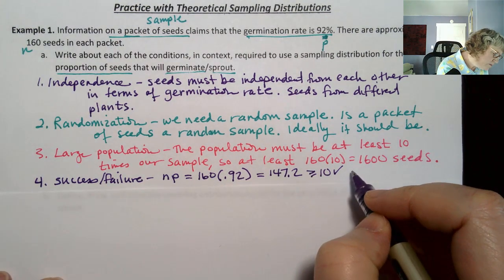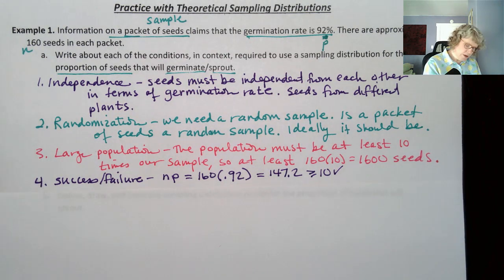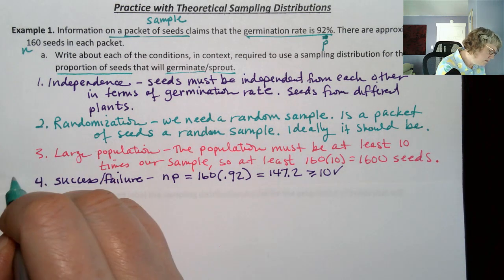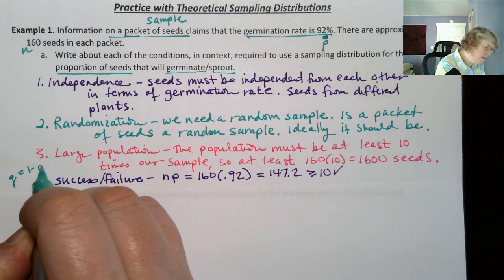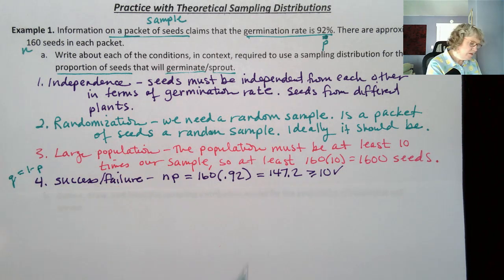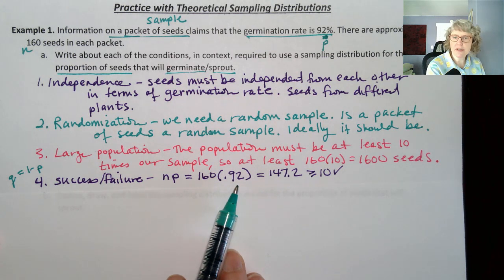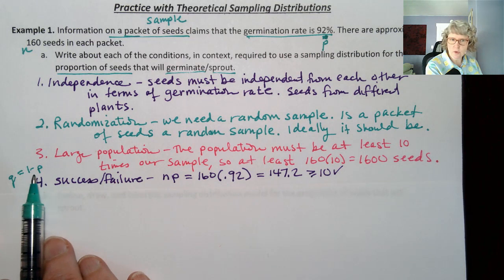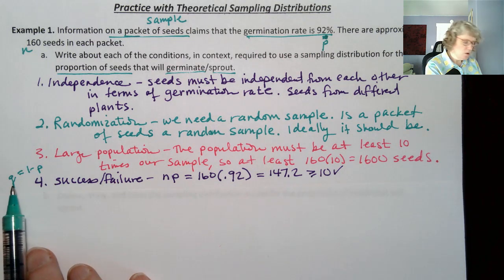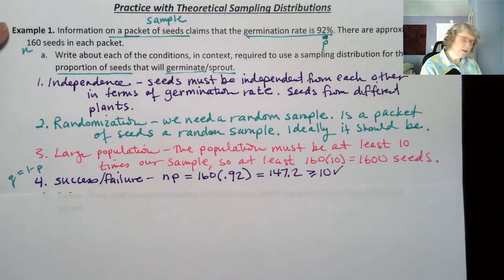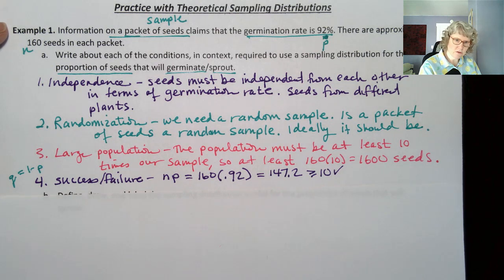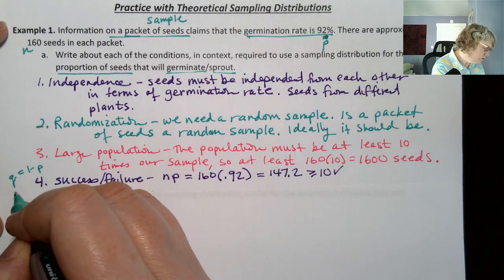And then N times Q, so I just want to remind you that Q is 1 minus P. So if this is 92%, what's left to make up 100 is 8%. So you can go ahead and keep it at writing 1 minus P if you'd like, or you can go ahead and calculate it in advance. It's up to you how you want to write it out, as long as you show your steps.